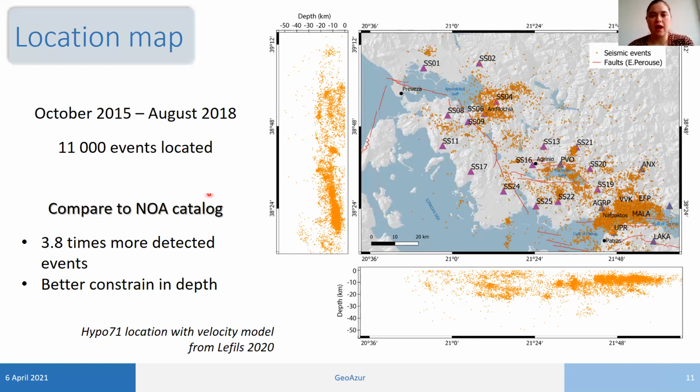To the right, you have the map with seismic event locations and the north-south and east-west cross-sections. You can see some specific structures that stand out from the map and cross-sections. First, events that are really close to each other, for example here or here, and we can see also in the map here or here or here.